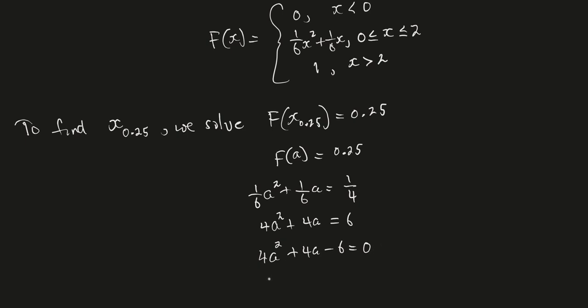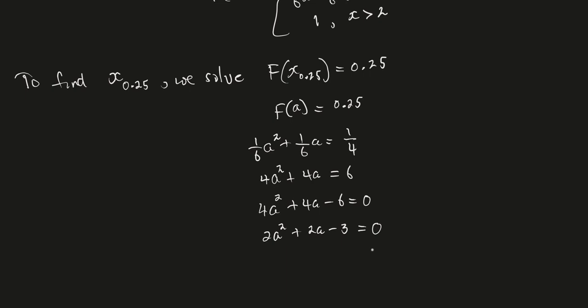That'll make it a little bit easier. So we have 2A squared plus 2A minus 3 equals 0, right? I'm looking to see if this is factorable, and it's not, because I can't find factors of -6 that add to give me a +2.